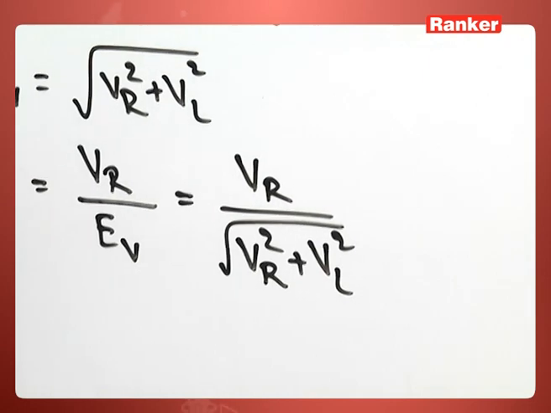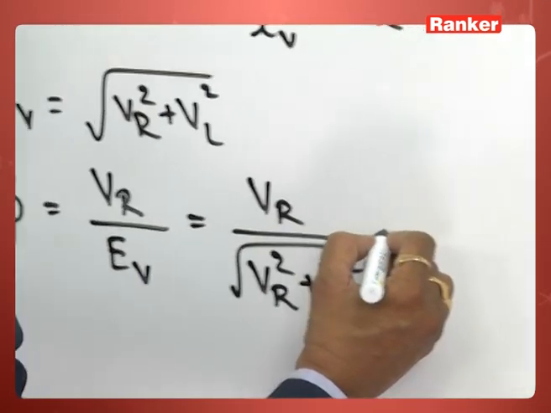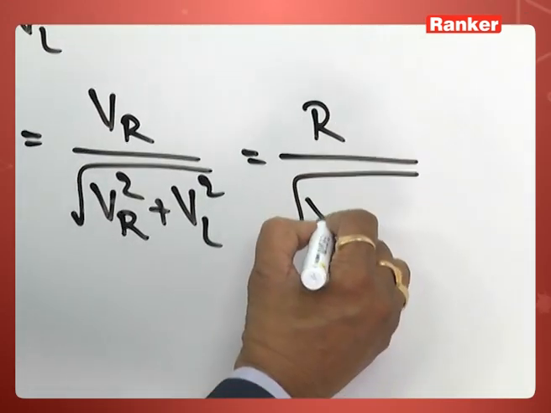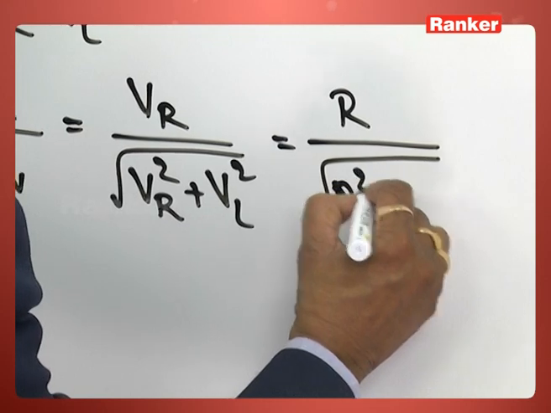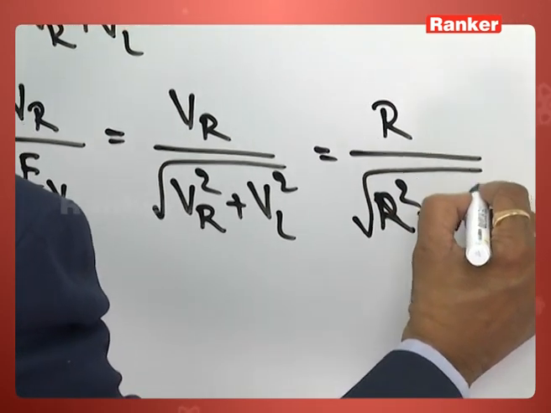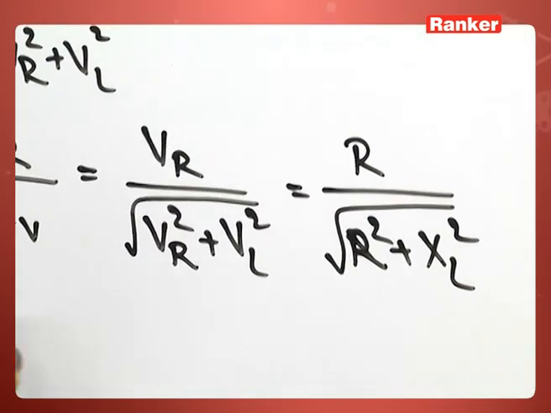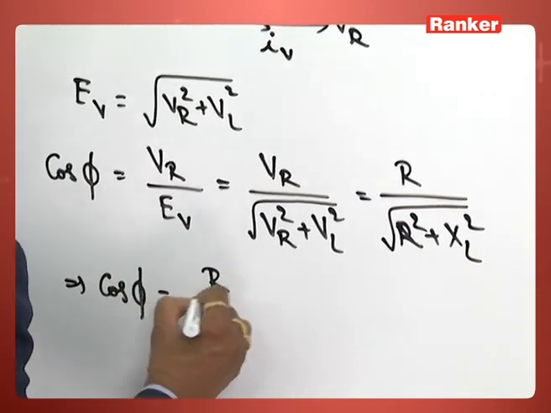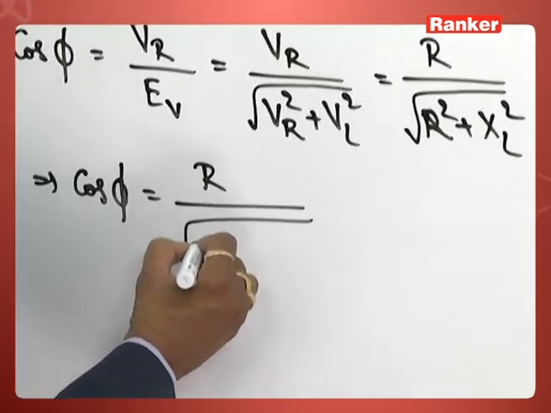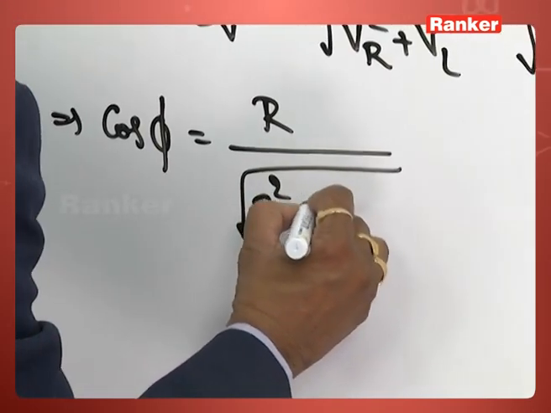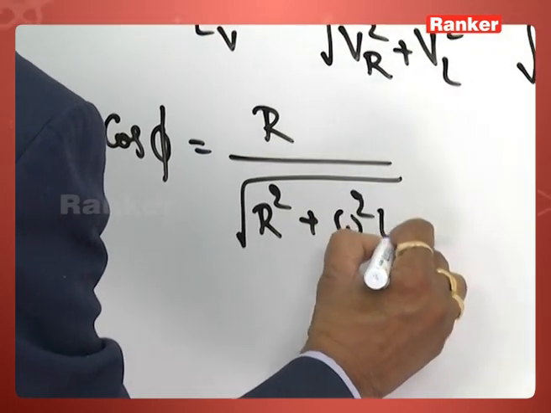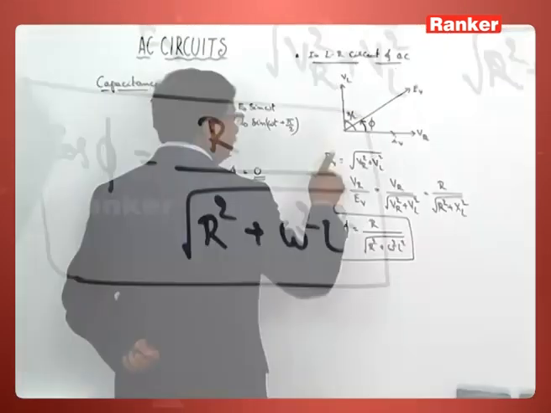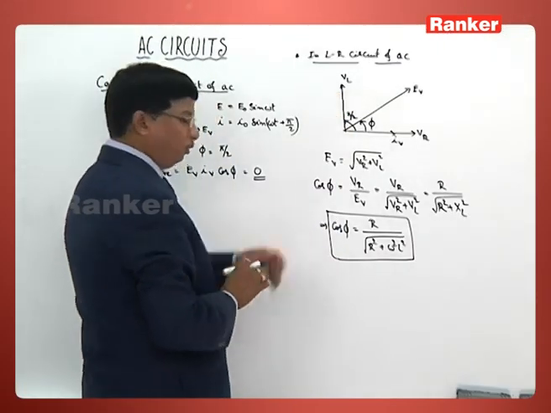The same equation we can rewrite as R by root over R square plus XL square. And in fact, we can rewrite it this way also: cos phi is equal to R over root of R square plus omega square L square. This is the power factor in the case of the LR circuit.